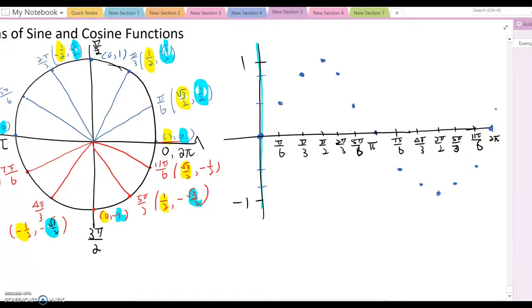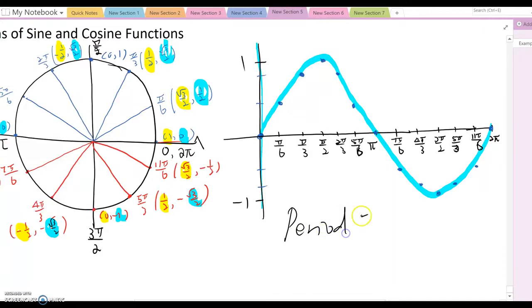Okay, so if I connect this graph, it looks like this. This is one complete cycle, basically. I only limited the period to 0 to 2 pi in this case.